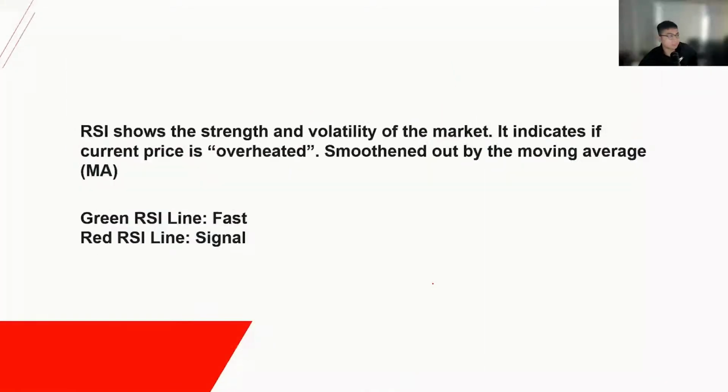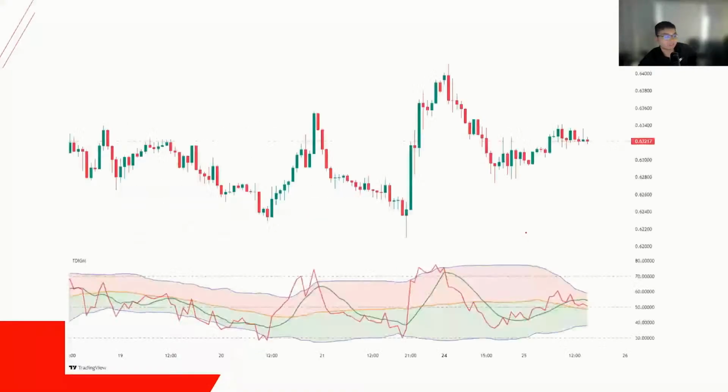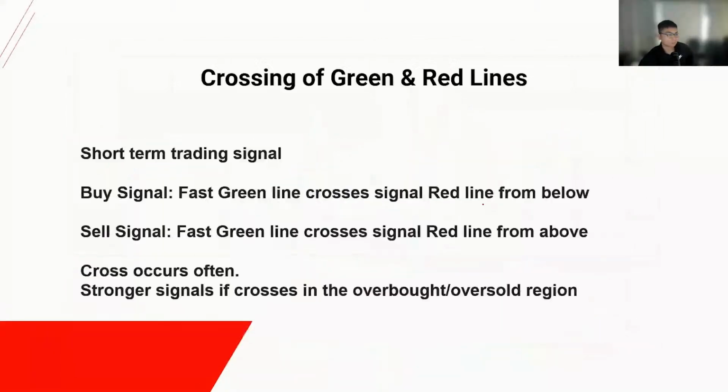So as mentioned, the green line is the fast line, the red line is the signal line. So green line is to smoothen things out. Red line is the signal line. So you can see here an example. So how does it work? For short term, this is for short term, I'll just highlight it out.